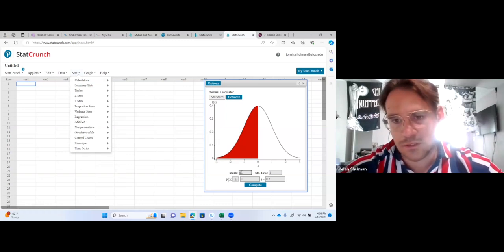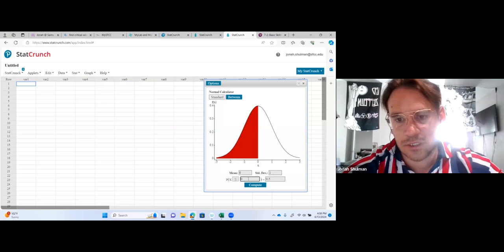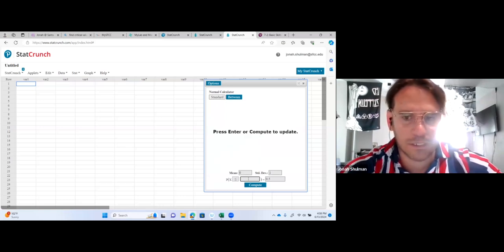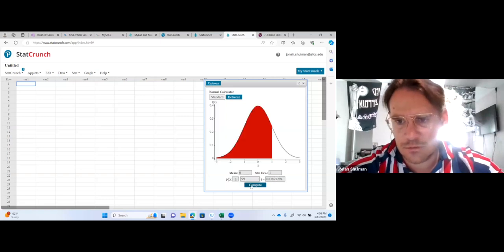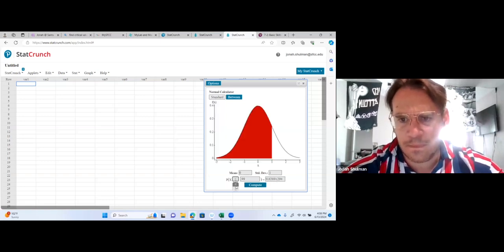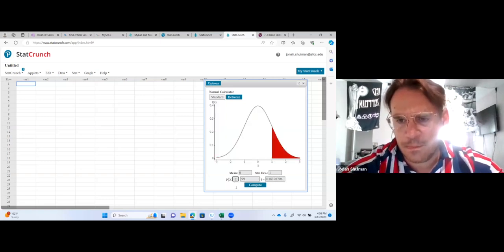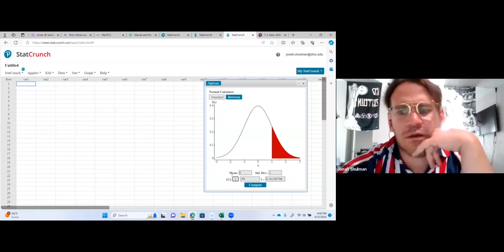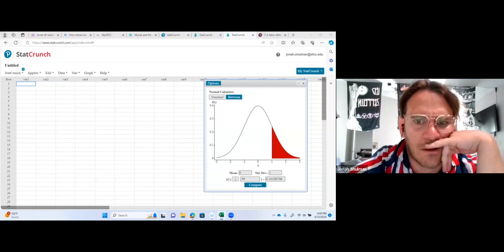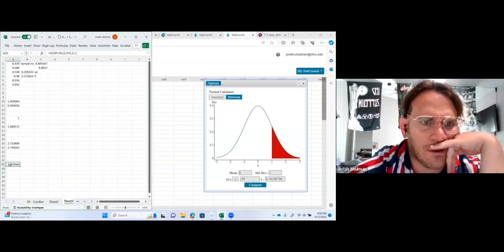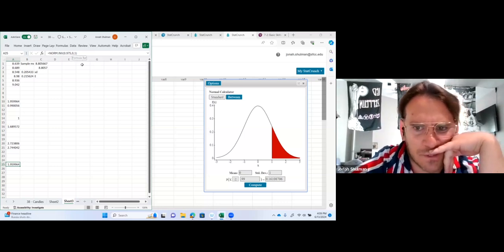But at least to get your z critical values, remember it's going to be z. This is your mean, this is your standard deviation. And the last one we did was 99%, right? 0.99. 0.975 with a mean of 0 and a standard deviation of 1.